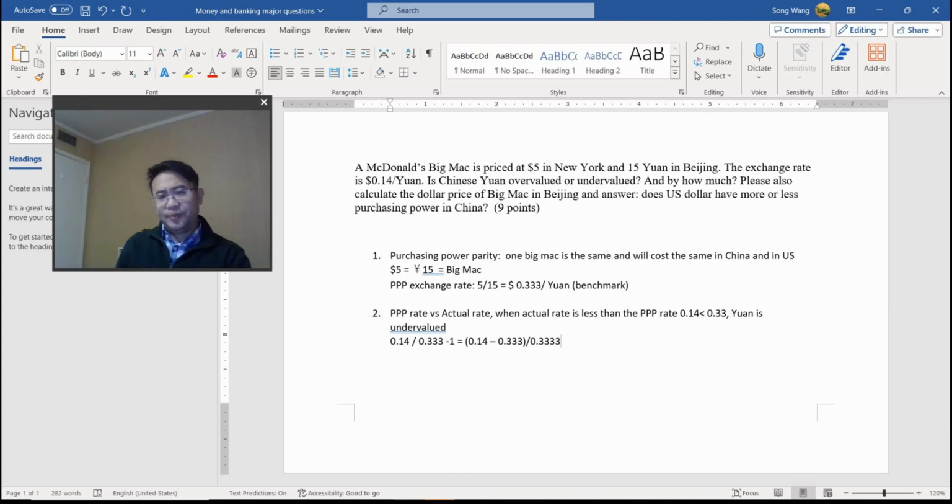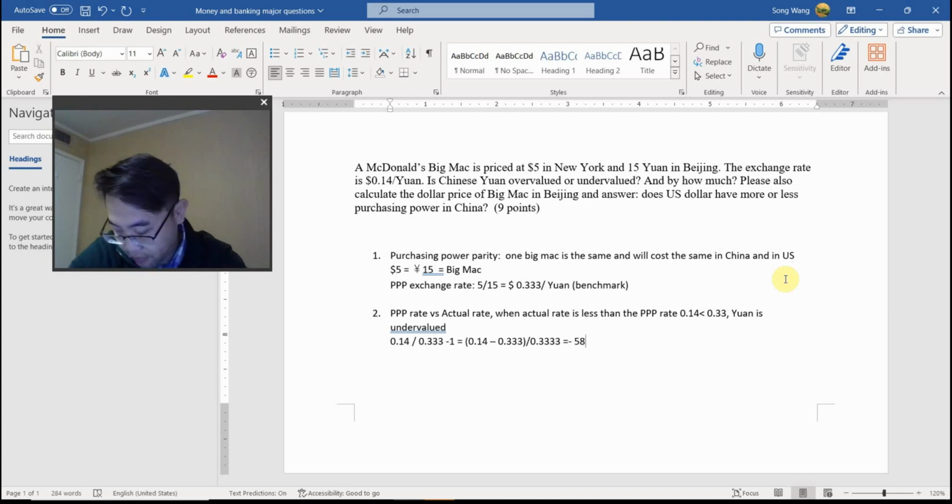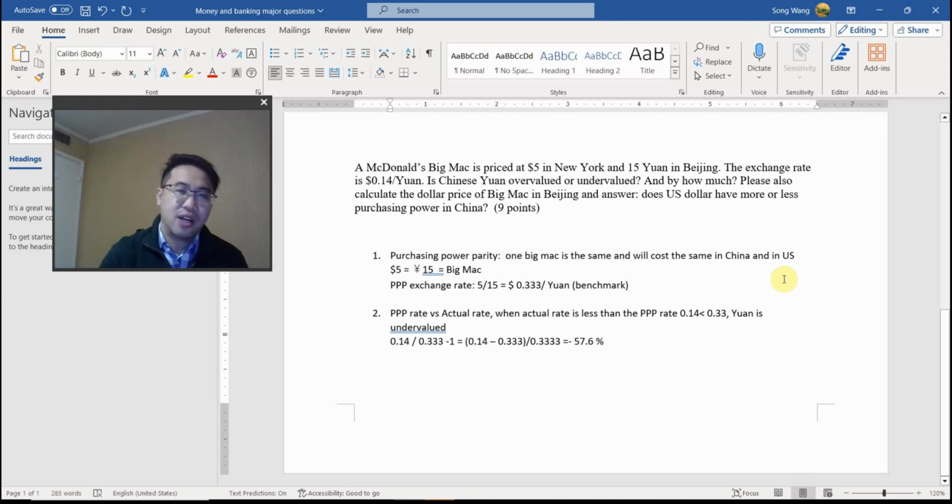So it is pretty easy to do. So you can do the math, and you will find out it is going to be negative, negative of 58%, or 57.6%. So Chinese yuan is undervalued by 57.6%.